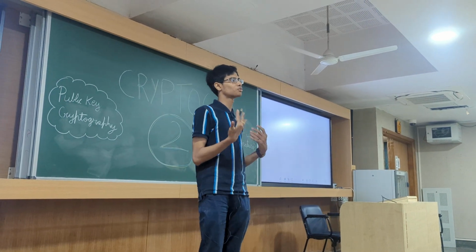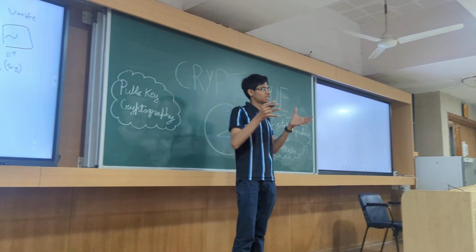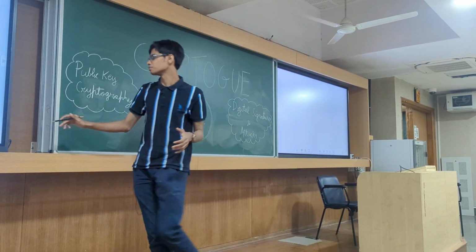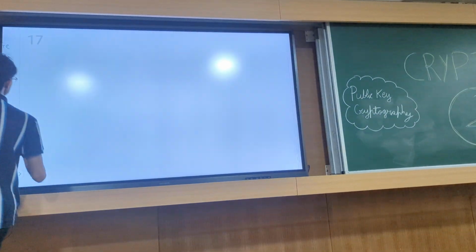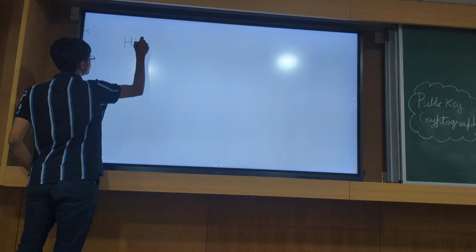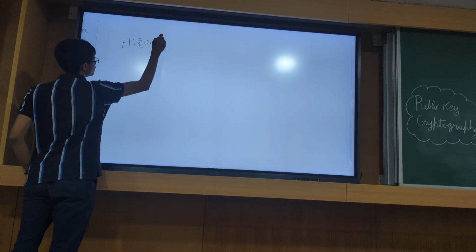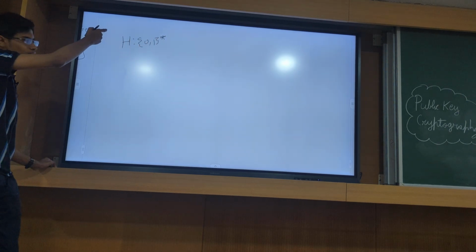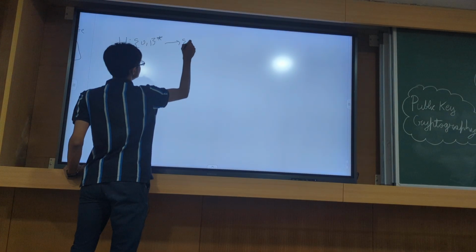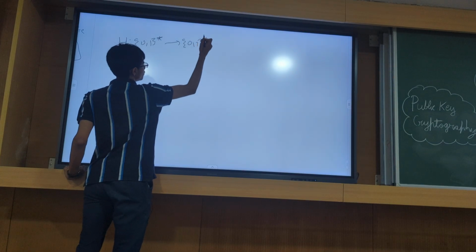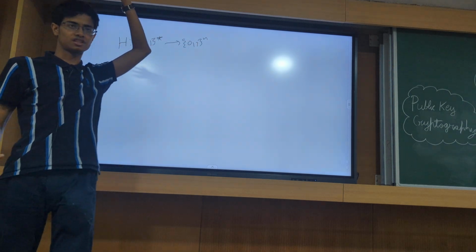So you have something called a cryptographic hash function. Cryptographic hash functions take messages of arbitrary length and compress them down to a fixed length output. Say n is 256, let's just say.